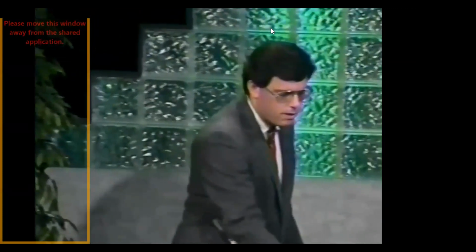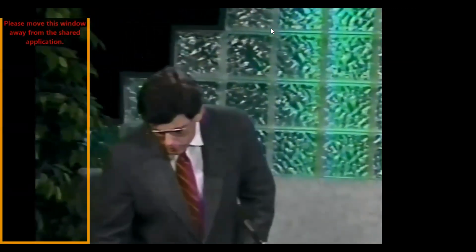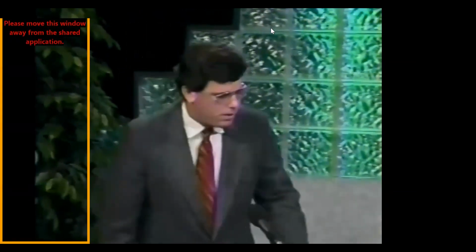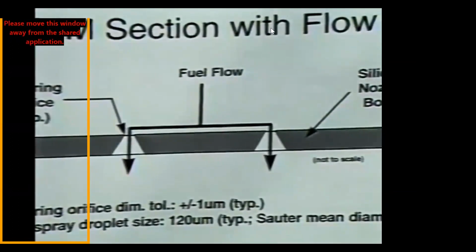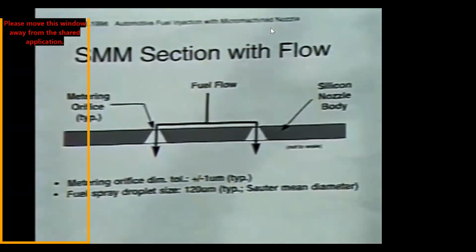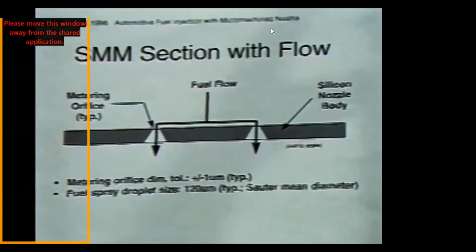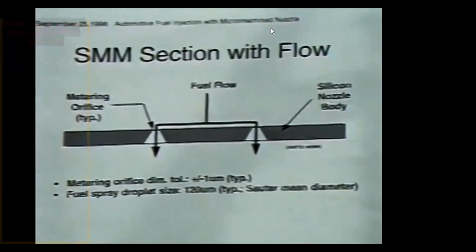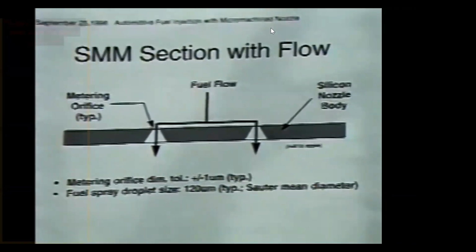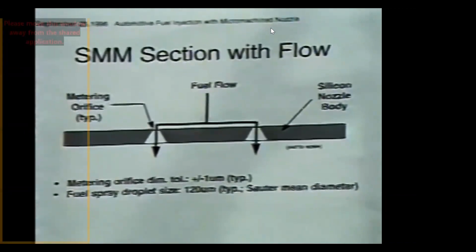This is a section view of the same nozzle, just to go over what sorts of jobs it was supposed to do. The metering orifice was supposed to control flow, but this is mostly in the high flow dynamic range of the fuel injector. So this is not in the idle section, but this may be when you're going down the freeway at a higher RPM condition on the motor.